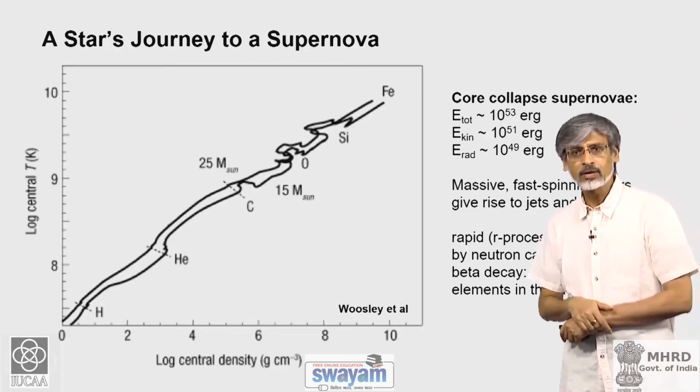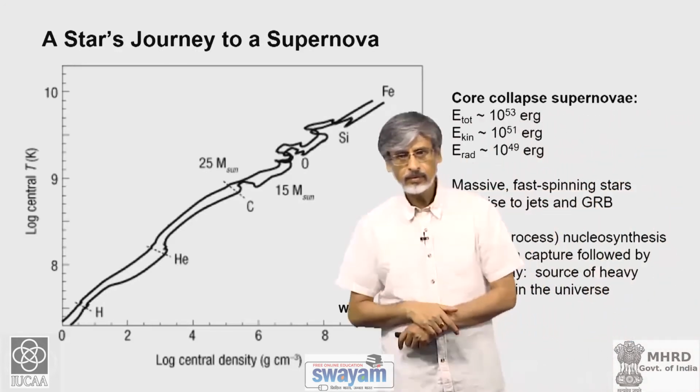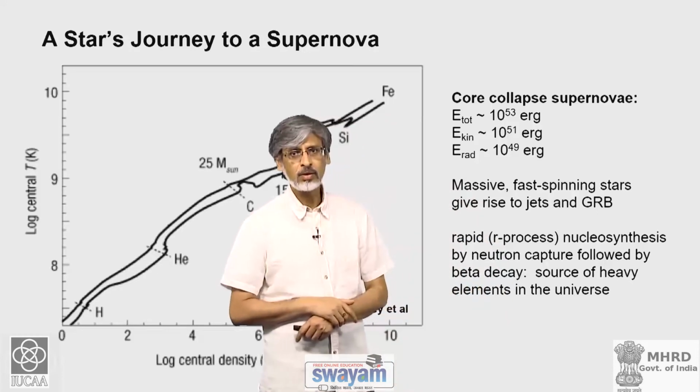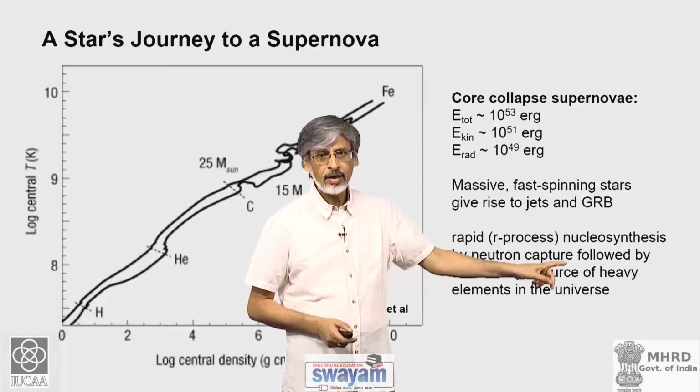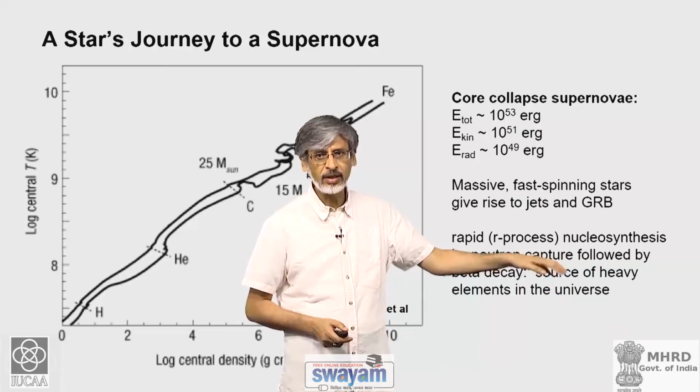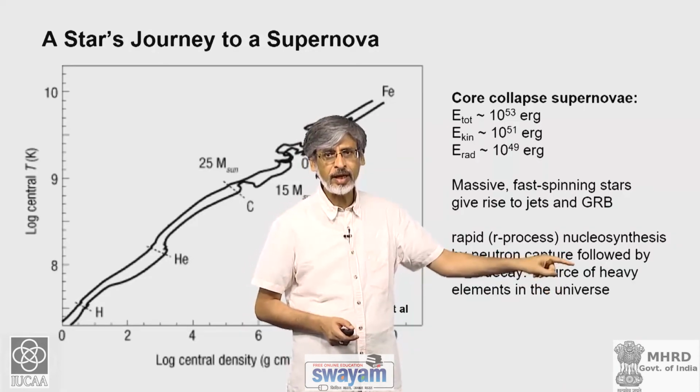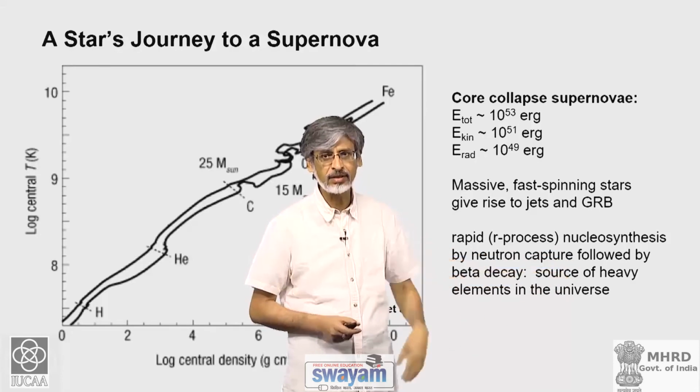Now, this process of core collapse supernovae also produces rapid nucleosynthesis by fast moving neutrons being captured by the material that is being ejected.